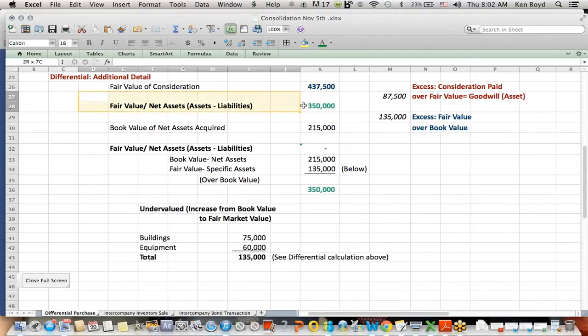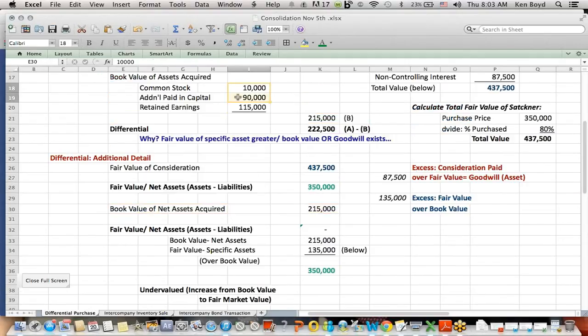But the way I always set it up is I put the fair value at the top of the entire sub. I look at the fair values of the sub's assets that are higher than book value. They total 135. I add that to the 215 book value, and I get the fair value of all the assets in green of 350. I put that in the middle. I put the book value of the assets acquired, which we see up here, right here.